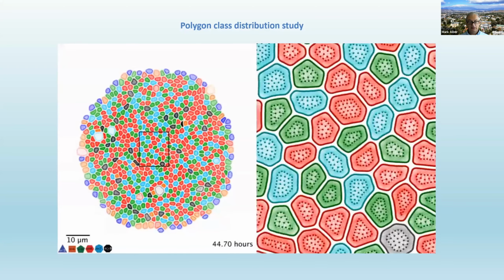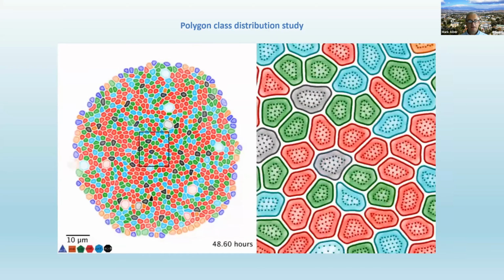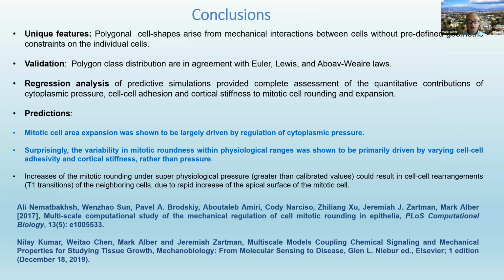We were able to use this model to, for example, get polygon class distributions, which are similar to what we obtained using general laws of developmental biology, like Lewis's law, and other higher-level laws. The other important feature of this modeling approach is that we started simulations with rounded cells, which is the natural shape of a cell if it's not in a tissue.